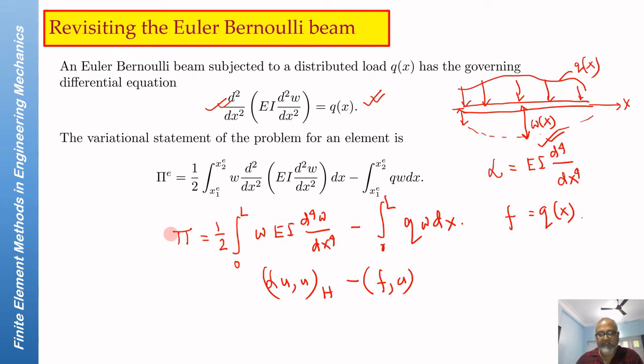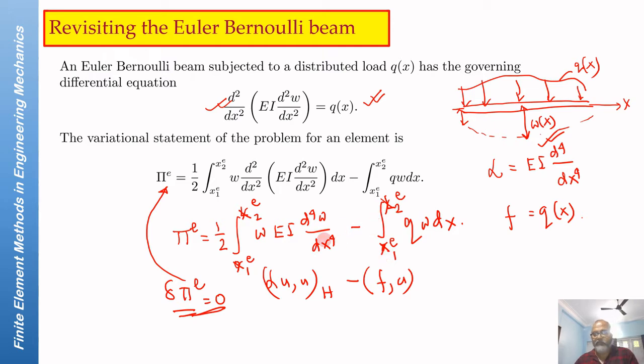Now we are going to insist not only on del pi equal to 0, but we are going to insist on del pi E equal to 0 over each and every element. So as well we can write pi E instead of pi, which means this will have to be replaced by the elemental nodal coordinates.